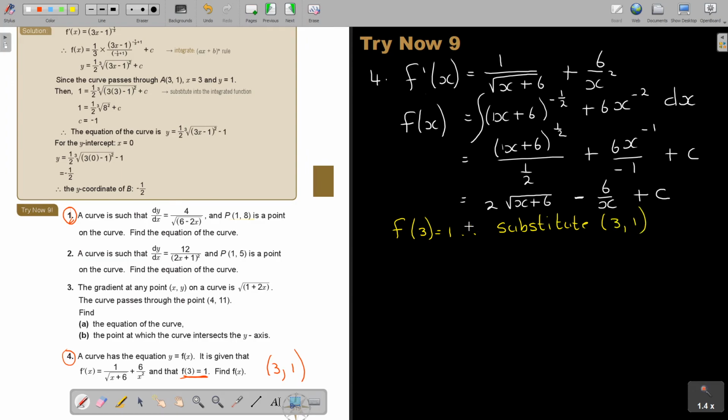Okay, so if I substitute, remember this is y, and I think I'm going to put it now as y. Okay, so this is x and this is y. So if I substitute it in the place of y, I'm going to put a 1. In the place of x, I'm going to put 3.